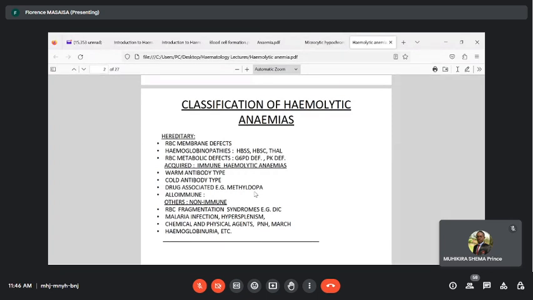Then we have alloimmune, when you get, let's say, a blood transfusion from a donor, then you develop hemolysis after having a reaction to the donor's red cells. For the non-immune, we have red blood cell fragmentation syndromes in case of DIC, malaria, chemical and physical agents, and so on.